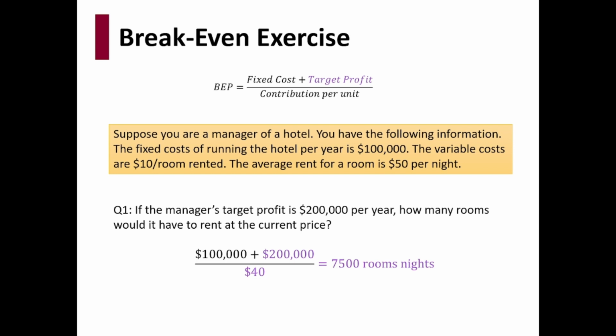Then we get the new number of room nights. That means if this hotel wants to achieve the goal of making a target profit of 200,000 per year, it needs to rent out 7,500 room nights at least.